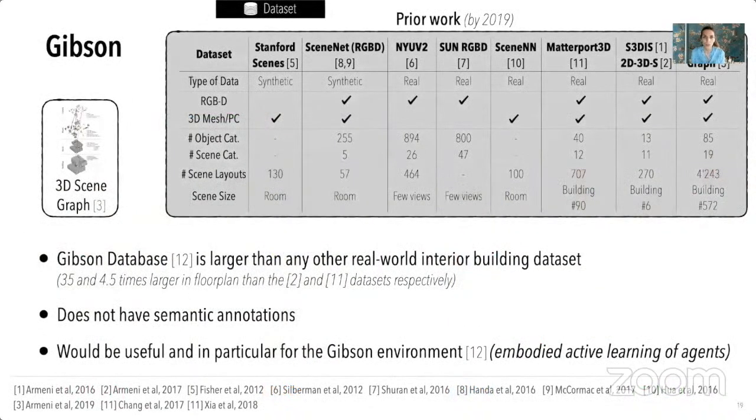In order to demonstrate the structure of the 3D scene graph, we used the Gibson database, which has more than 500 buildings of indoor spaces of residential main use, but it doesn't have any kind of semantic information. So we needed to find a way to get this rich semantic information from the raw data of Gibson.